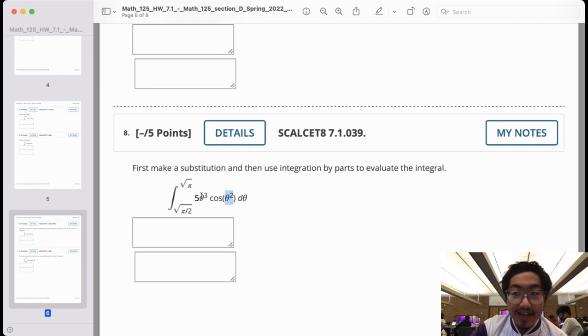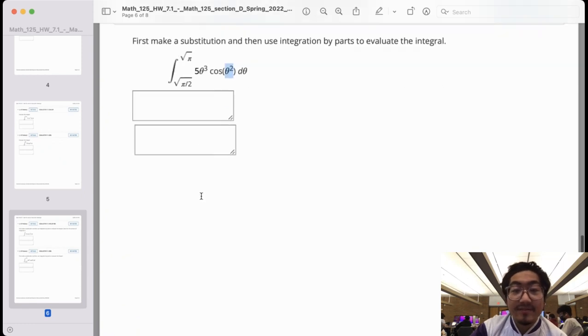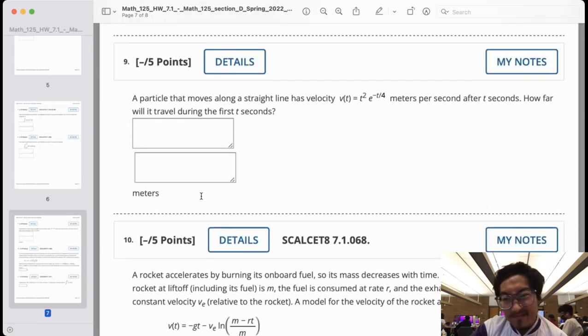First is u sub, then do integration by parts. For this one, find the antiderivative by making a u sub and integration by parts.